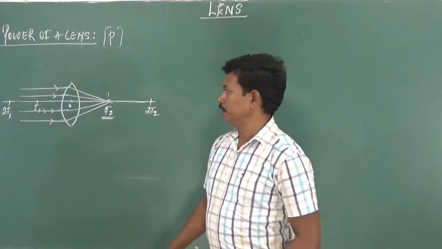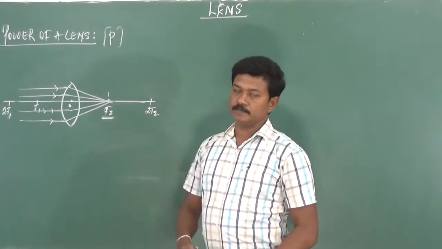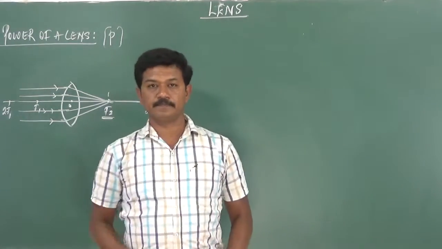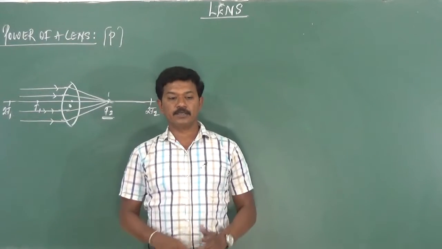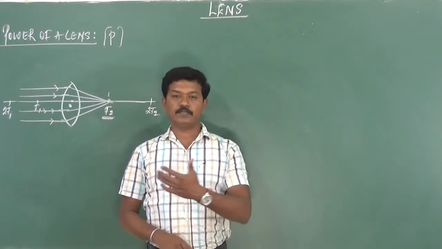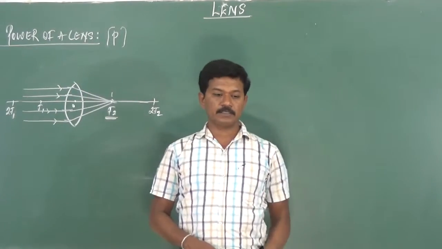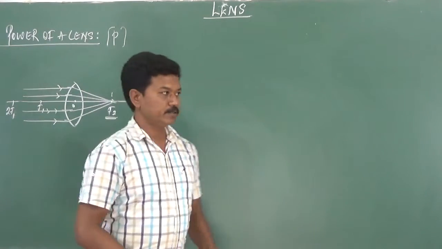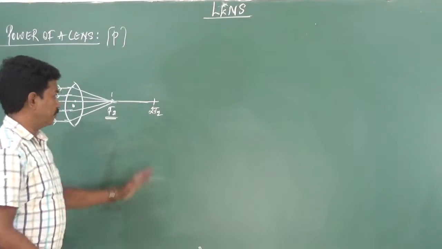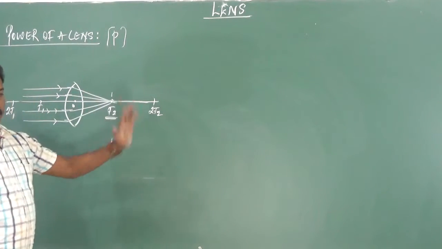Now, using this convex lens, if you project any image on a screen, because it is going to form real and inverted images, if you place a screen here, you are going to get the image.